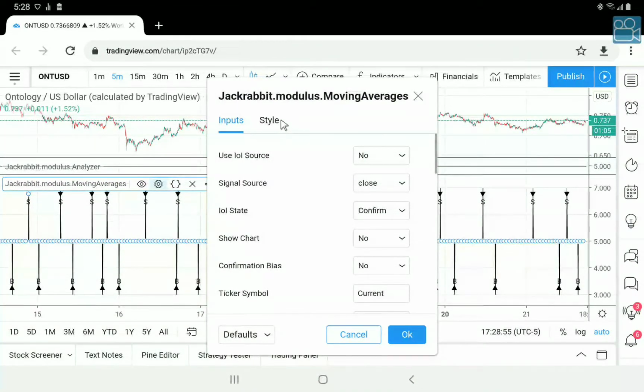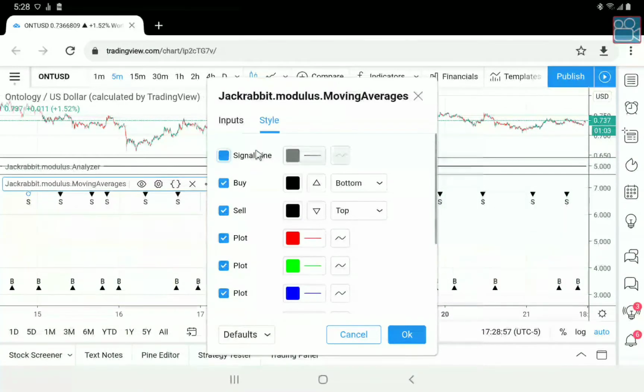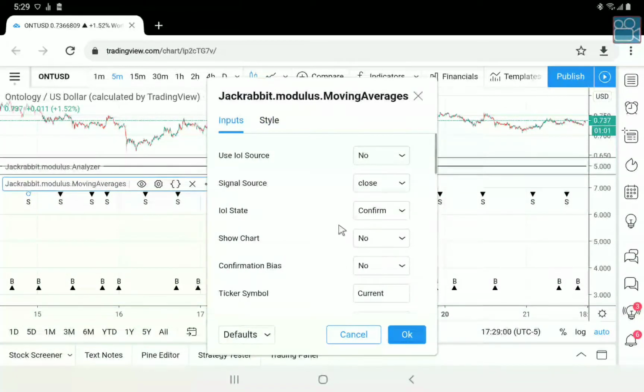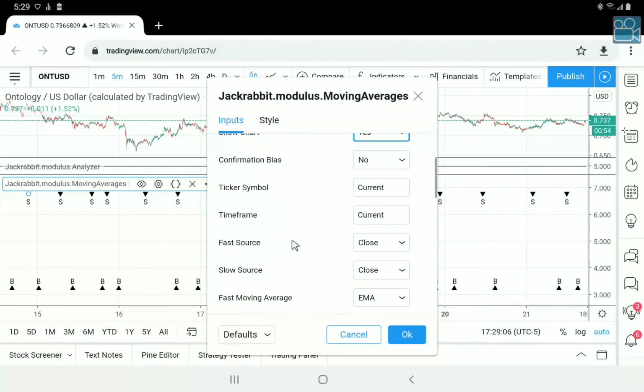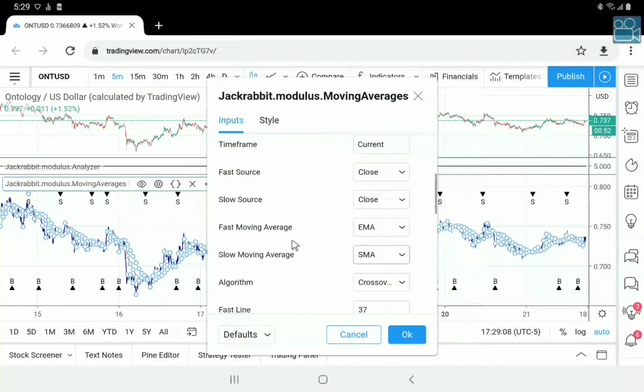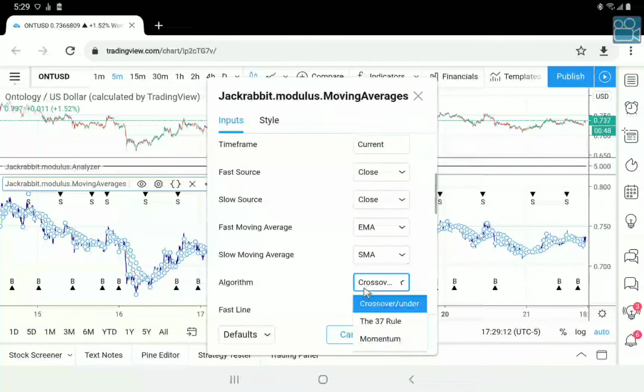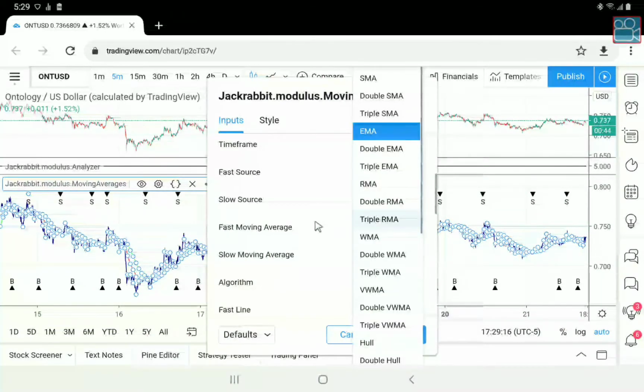So let's turn off the signal line, turn on the chart, and let's see what we can come up with. Let's start with the sine wave moving average. Well, that'll be a 37 rule that we'll use.